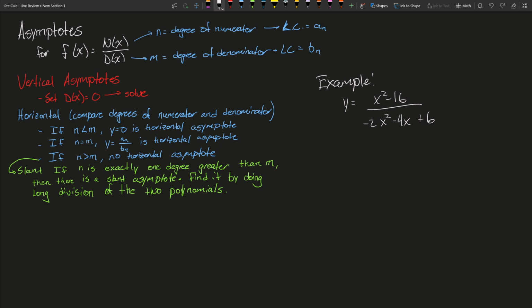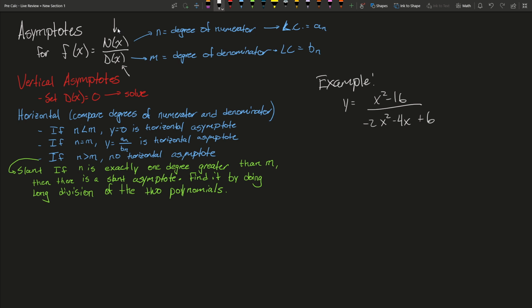All right. So quickly, I'm just going to run over these rules. If we have a function, which we're just going to split up into our numerator function and our denominator function, there are asymptotes in different cases.